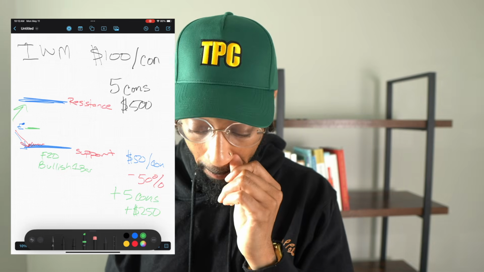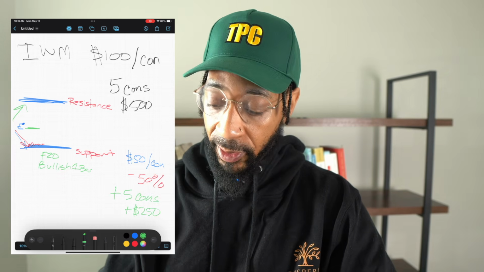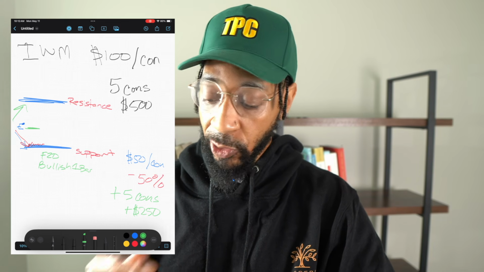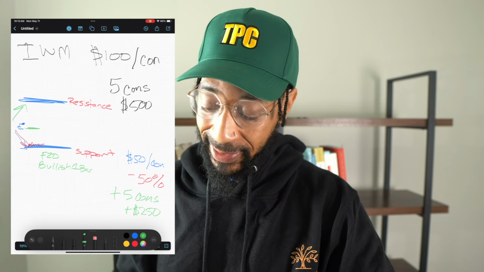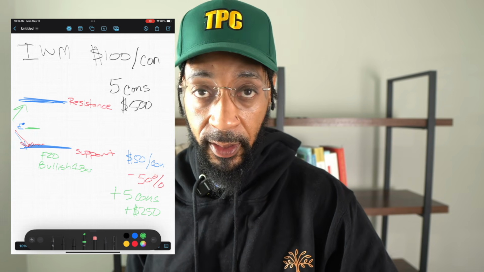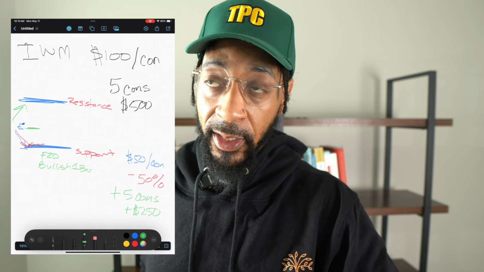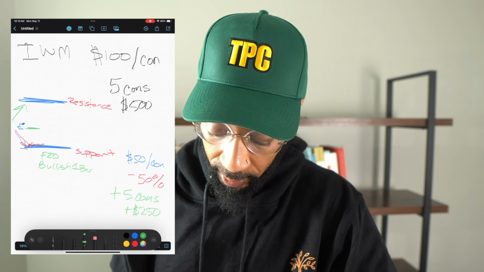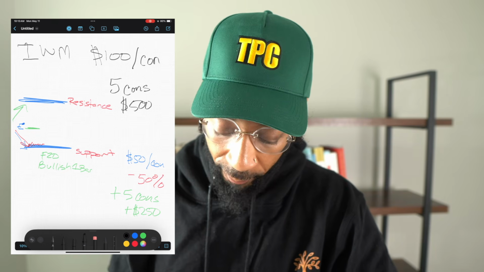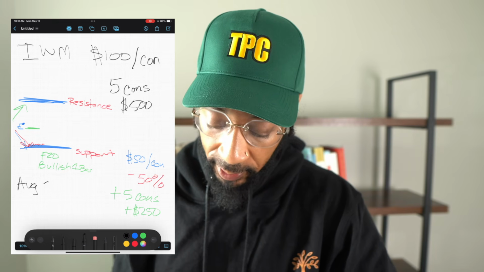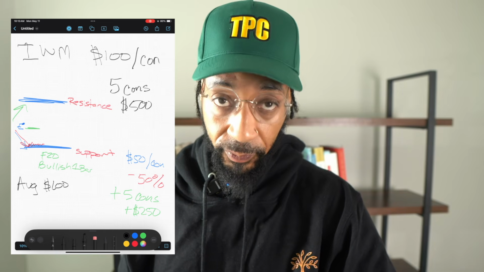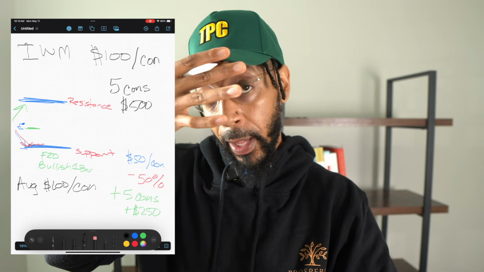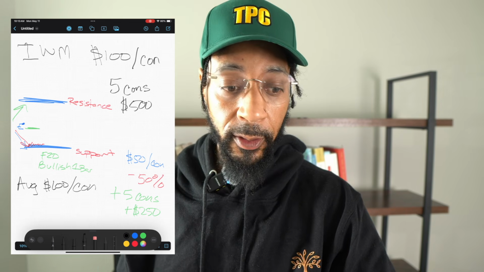So now, when you average, right? 10 contracts, and you got $750 into the trade, right? How much does that make each contract? Now your average cost was $100 a contract, because you got 5 contracts at $100, right?